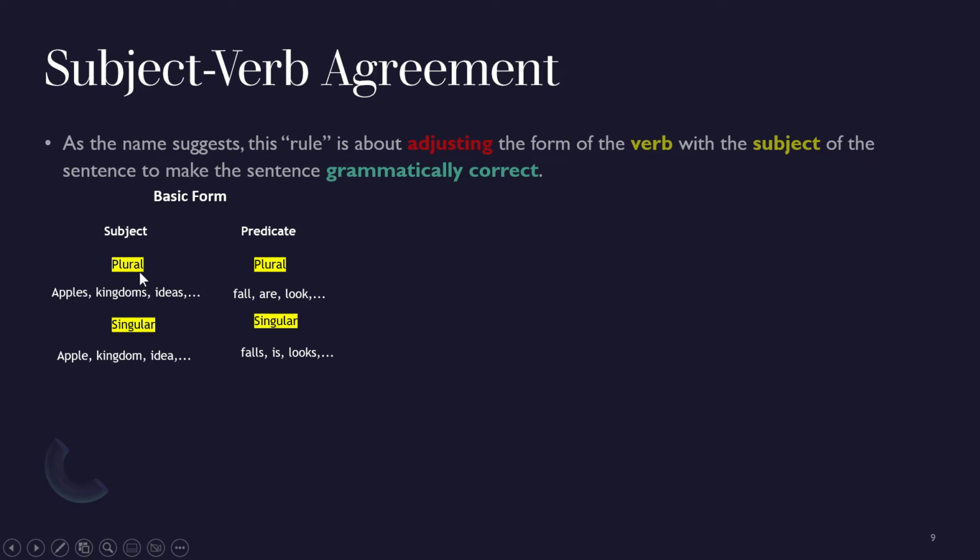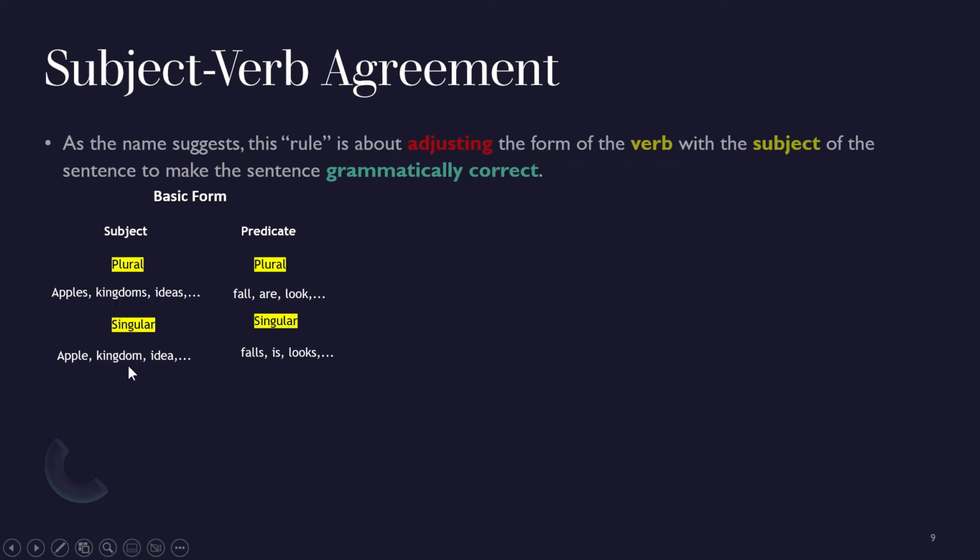Look at this one. If the subject is plural, which is indicated by the ending s here, then the verb or the predicate that follows must be in plural form. The apples fall. The kingdoms are. The ideas look, or maybe the apples look sweet, or the kingdoms are big, for example.